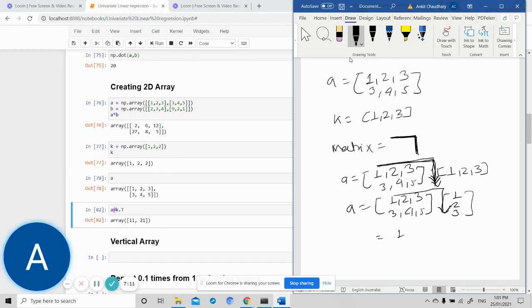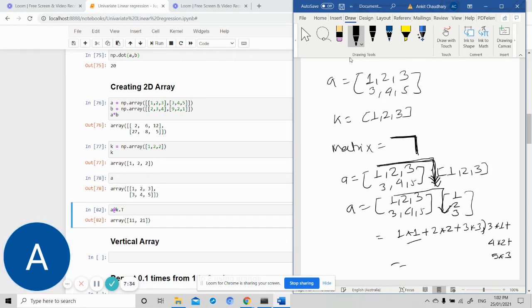So this becomes 1 times 1 plus 2 times 2 plus 3 times 3, comma, 3 times 1 plus 4 times 2 plus 5 times 3.